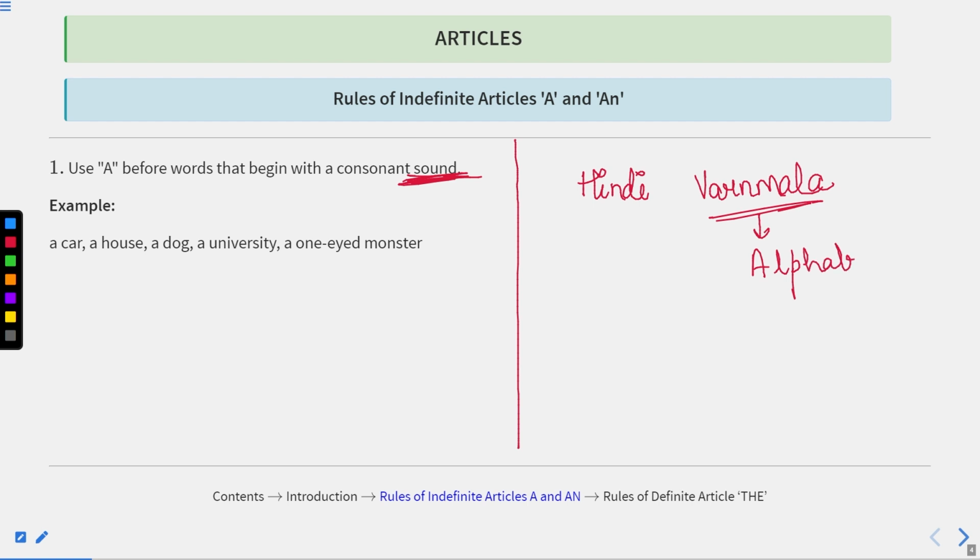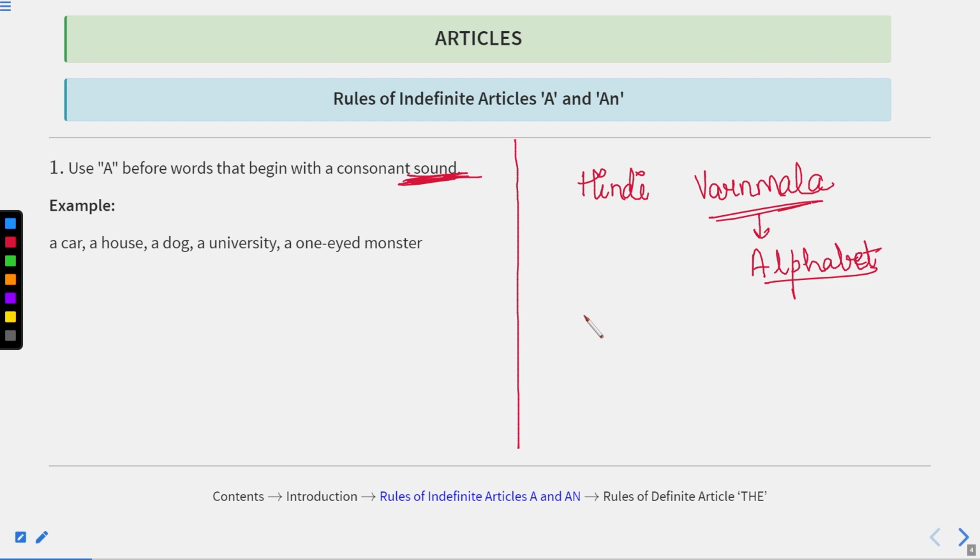Now we know well that Hindi has its alphabet, and English also has its alphabet. If we talk about the Hindi alphabet, or Hindi Varnamala, it is divided into two parts: one is Swar and another is Vyanjan.